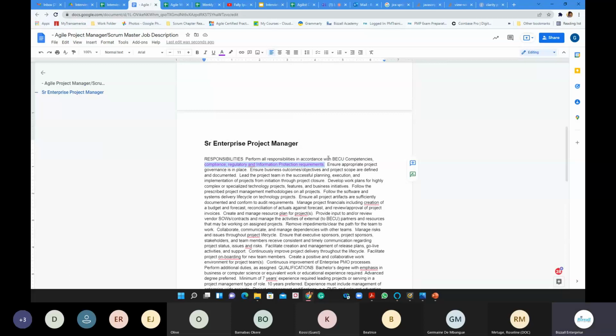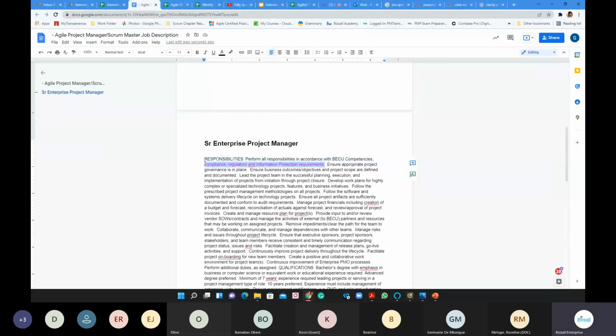This is a banking, a credit union. Let's say, for instance, the customer information. If you are building software where the customer information is not secure, you know what he can do to that company? He can sue them for billions of dollars. He can make them lose their reputation. So as a project manager, you want to make sure that the team follows the governance, compliance, and everything related to all that.